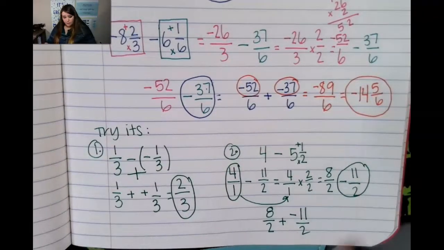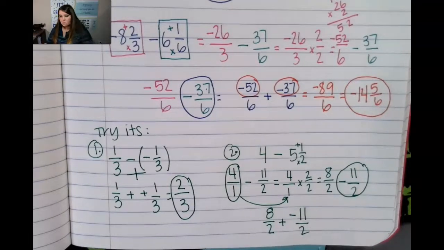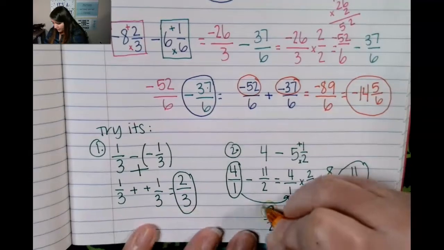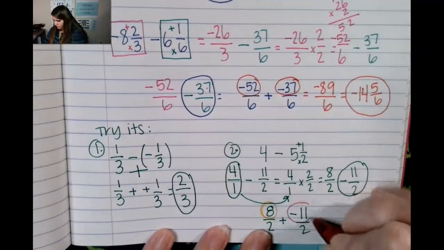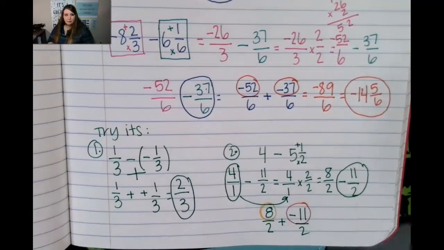Okay, all I have to do now is think about my integer rules. I have positive 8 and I remove negative 11.